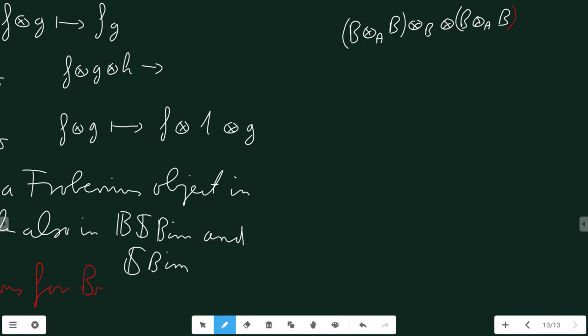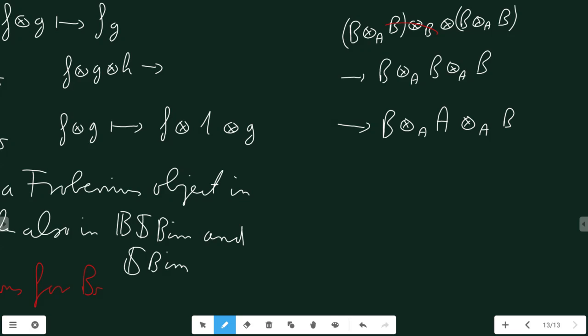What you actually can do is, you cross off those guys and you get a map to B, tensor A, B, tensor A, B. So it looks like you have 4 factors, you secretly only have 2. And now you can go to B, tensor A, tensor A, B, by using delta.